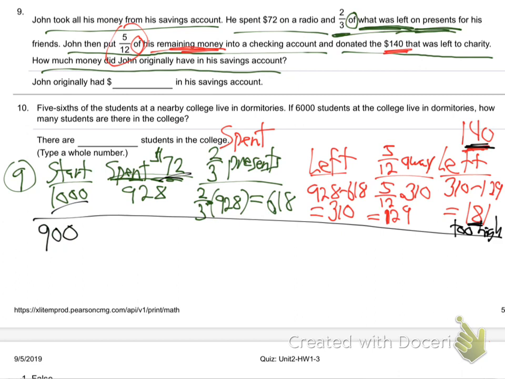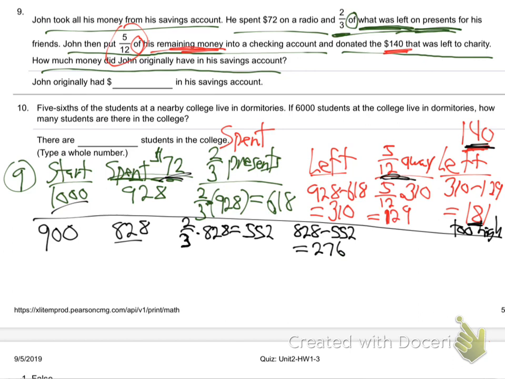Spent 72. So 900 minus 72. That would leave him with 828. 2/3 on presents. 2/3 times 828. I'm getting 552. What would that leave him? That would be 828 minus 552. I'm getting 276 left.